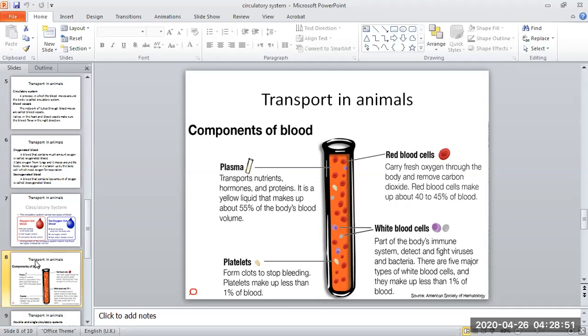And then white blood cells, part of the body's immune system, detect and fight viruses and bacteria. There are five major types of white blood cells, and they are about 1% of our blood.